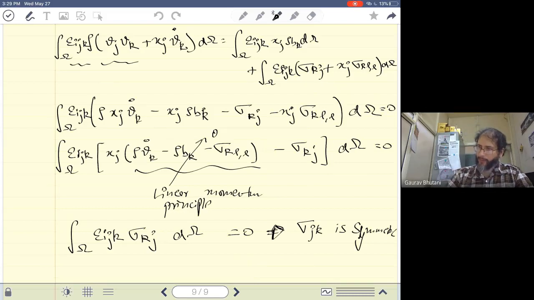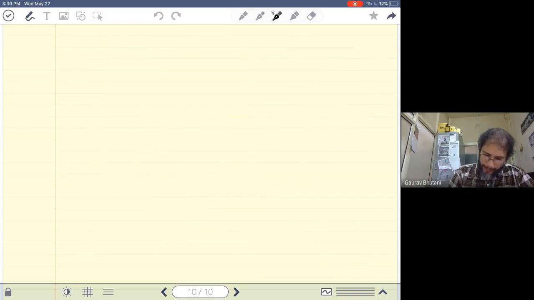Let's see if we can solve a problem. It's a very straightforward problem, actually again on the conservation of mass equation. This is problem number 5.6 from the book.